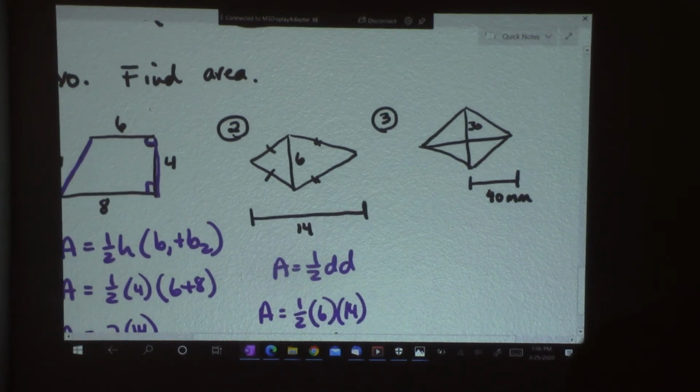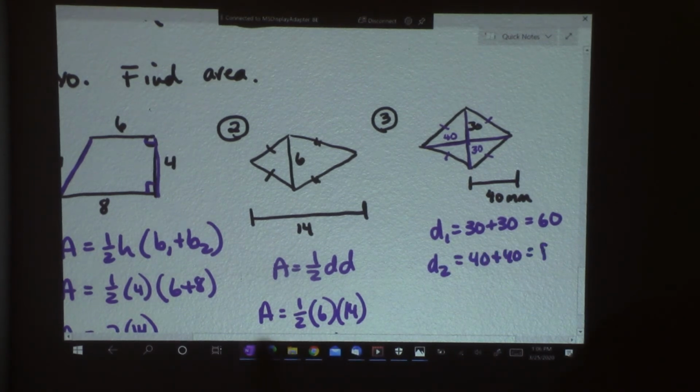Now number 3, okay. Well, we know this is a rhombus. Sorry, that's part of the picture. If this is 30, then this part is 30. And if this is 40, then this part is 40. All right, so I'm going to have D1 equals 30 plus 30, which is 60. And D2 equals 40 plus 40, which is 80.